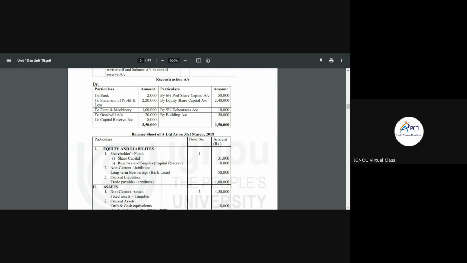Then we have the credit side in which we need to write by 6% preference share capital account 50,000, by equity share capital account 2,40,000, by 5% debenture account 10,000, by building account 50,000, and the total of both the sides after the balancing figure will be 3,50,000.